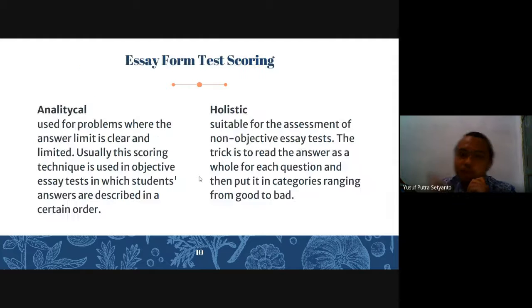Okay, we go to the essay form test scoring. There are two types. The first one is analytical, which is used for problems where the answer limit is clear and limited. Usually, this scoring technique is used in objective essay tests in which students' answers are described in a certain order. For example, if the student has written the correct formula, he will get a score.